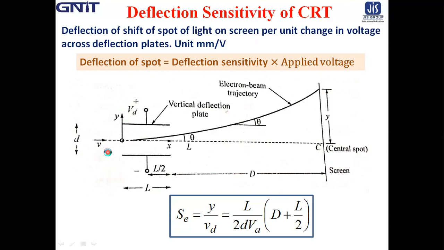The plates are separated by a distance, say d. Now let us consider that the shift of the electron spot from the central location due to the applied voltage is, say, y.